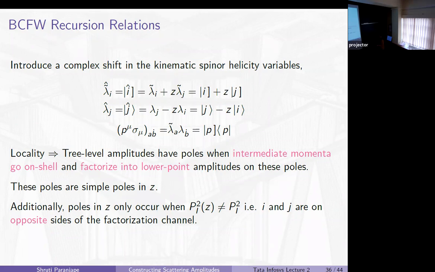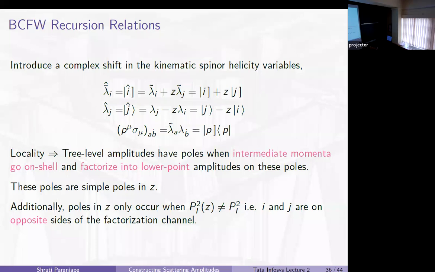Maybe there's some minus sign or square root 2, some normalization. Psi is a spinor. You can choose it to be anything. Your final amplitude won't depend on it. So in the first line, the i leg is shifted by something involving j. Yes, the same j there.